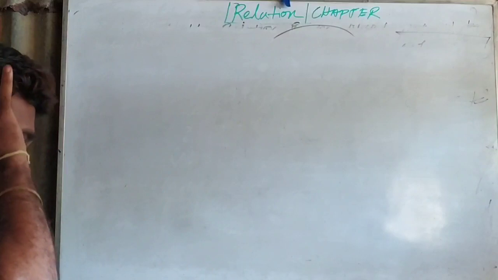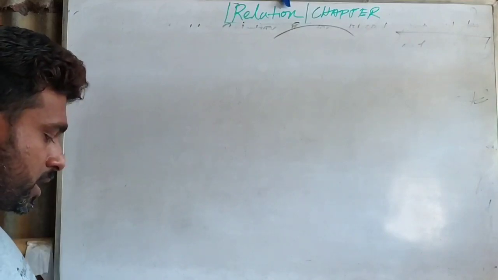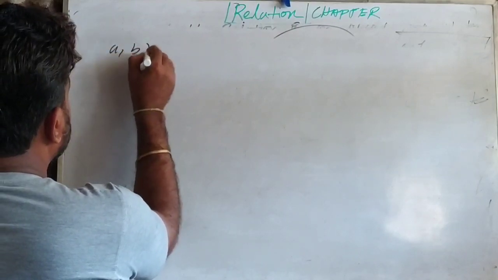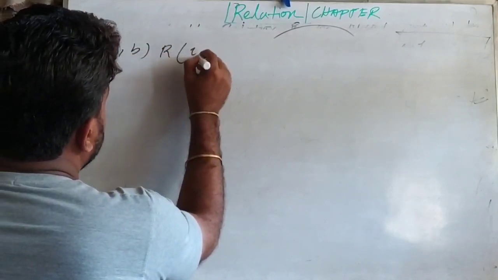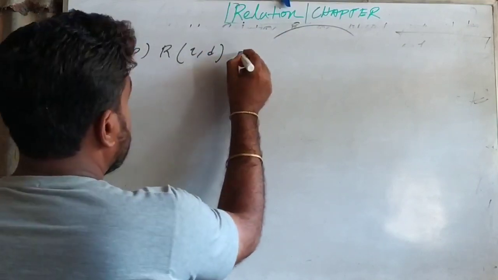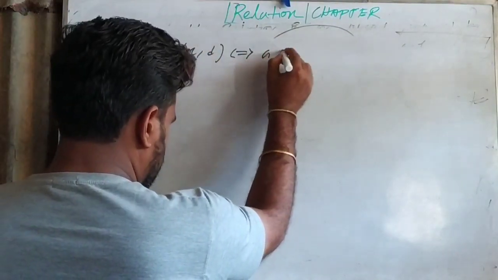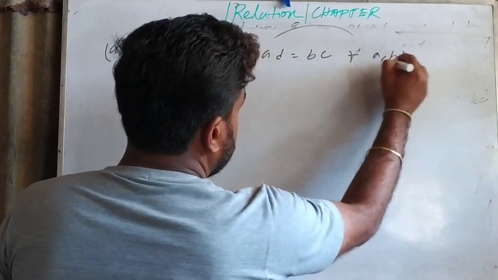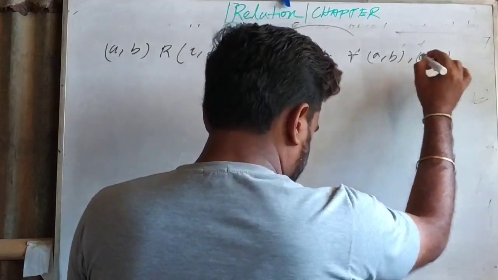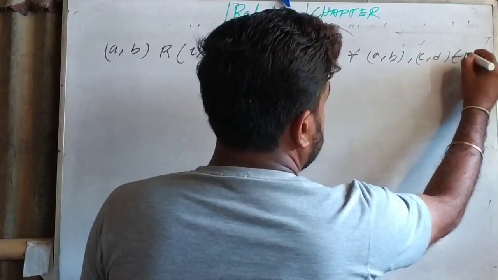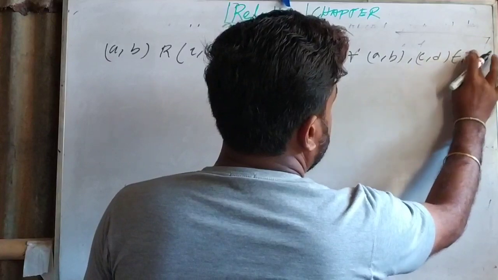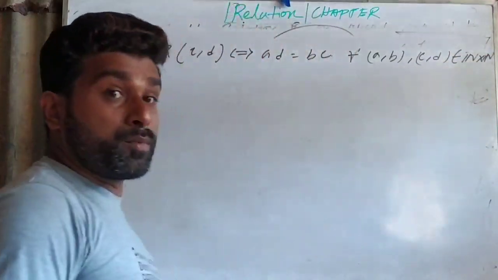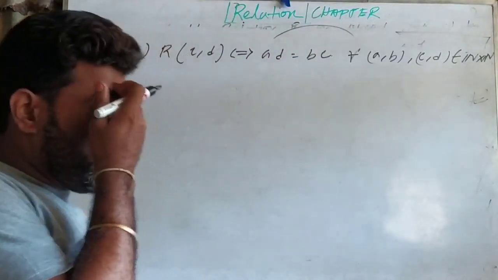R is a relation on N cross N defined by the order pair A, B related to the order pair C, D, which implies AD equals BC, for all A, B and C, D chosen from the set N cross N, the product set of natural numbers.